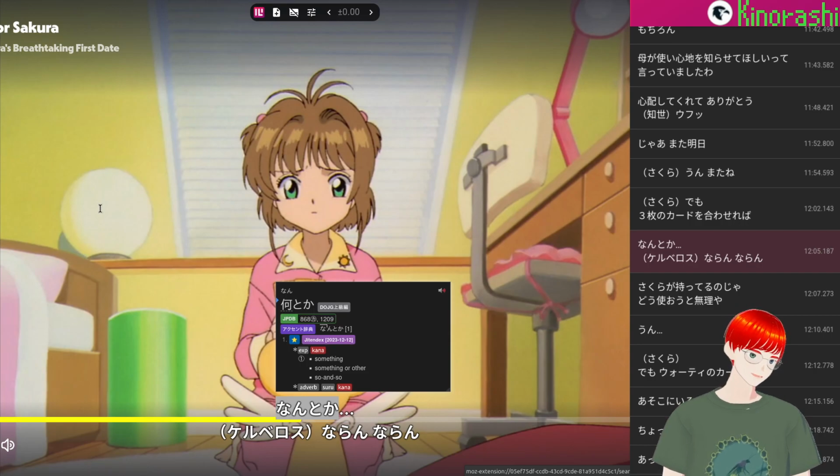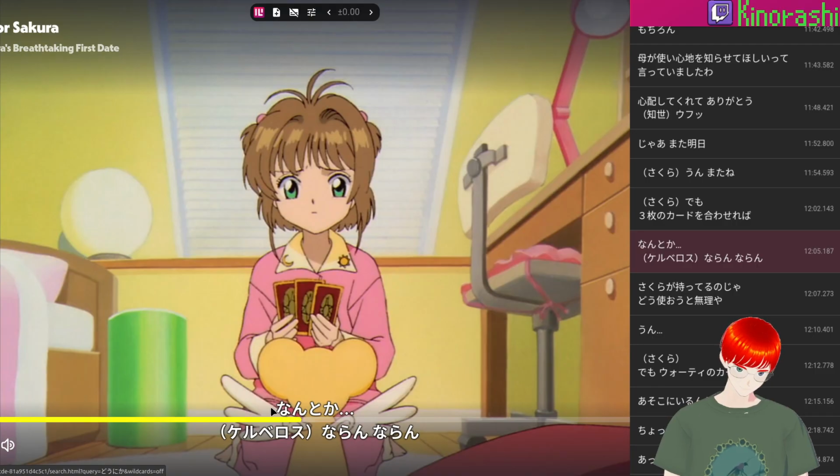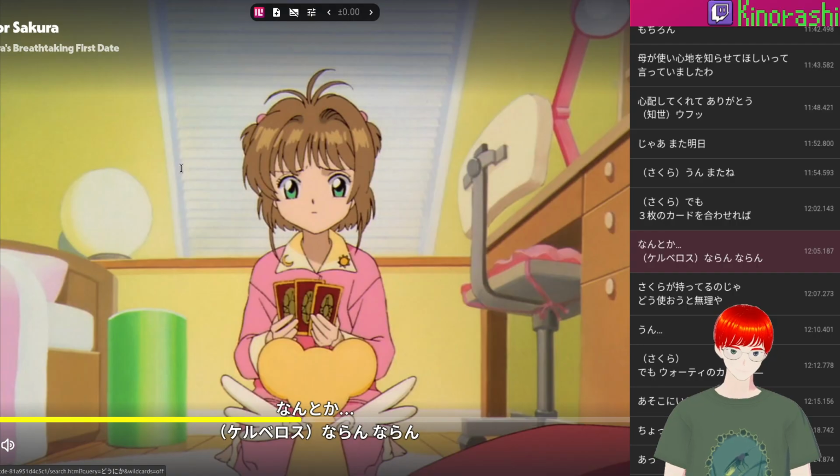Nantoka is an adverbial phrase with several related meanings. Somehow, anyhow. This is the most fundamental. It describes achieving a result or overcoming difficulty. So let me see it in context of the sentence. Remember, nantoka was supposed to have a slightly different nuance than, I forgot what the other option was.